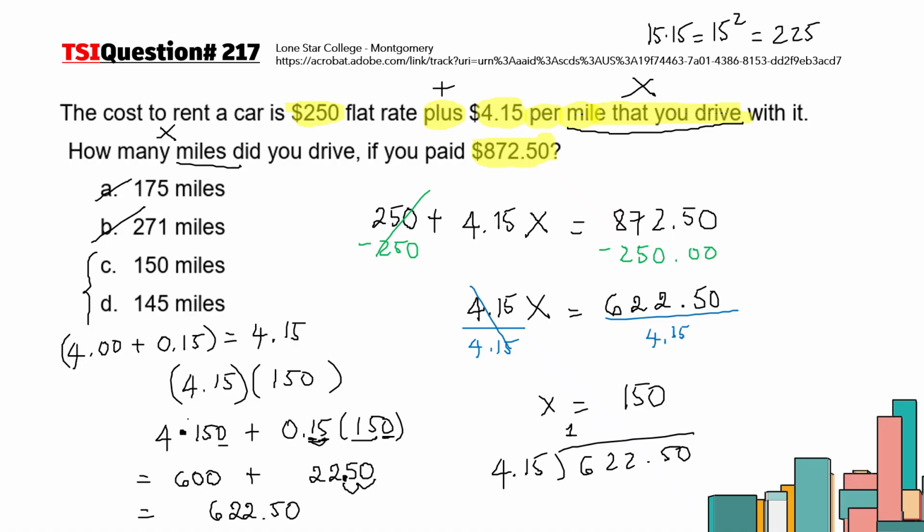Okay, so let's do that. So I move this one over here, I move this one over here. I have 1, so right here will be 415, and then subtract that 50, drop down.